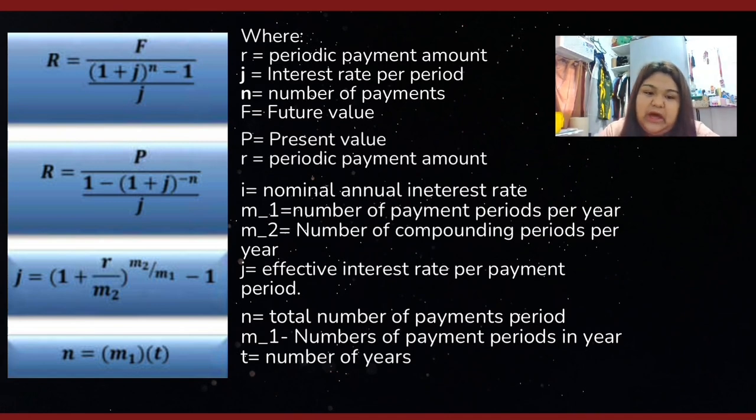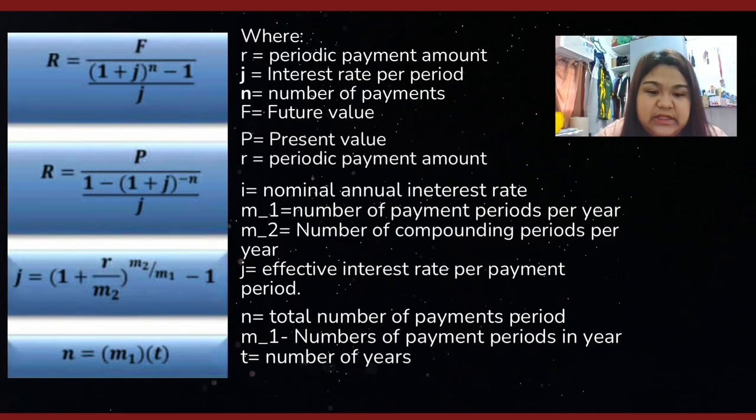And in finding the j, we have 1 plus r over m sub 2 raised to m sub 2 over m sub 1, minus 1. And in finding the n, that would be m sub 1 multiplied by t.